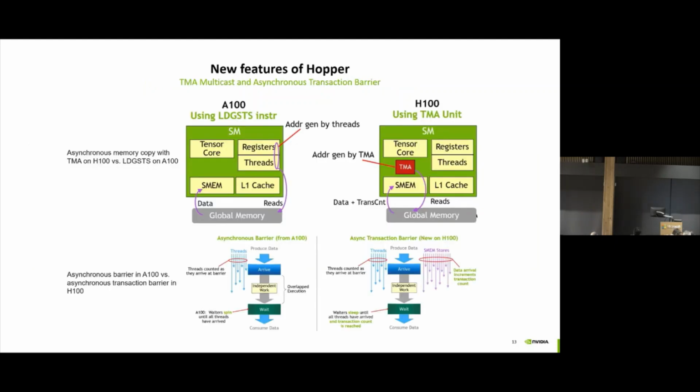And the next one is about TMA, which is a new hardware unit. We try to do the data accessing in a coarse-grained way. Before Hopper, when you wrote kernels, you needed to compute the memory access logic carefully, such as the address you want to access, and you needed to handle out-of-bound data accessing and something like that. And it puts more pressure on the instruction issue, and also on the scalar instruction unit.